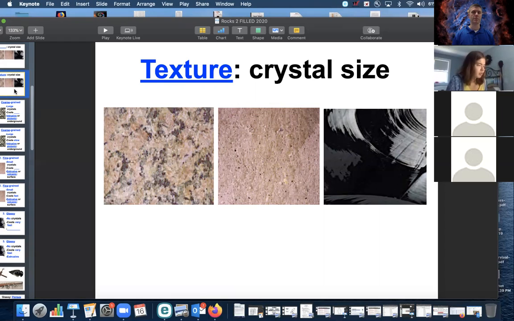But within the context that we're using it, texture refers to the crystal size within that rock. So here we have examples of the three main textures. There are a couple other ones that are kind of oddballs, but these are good examples of the three main ones. So you have coarse grain, fine grain, and then glassy.